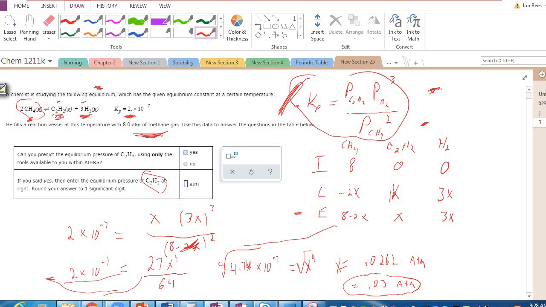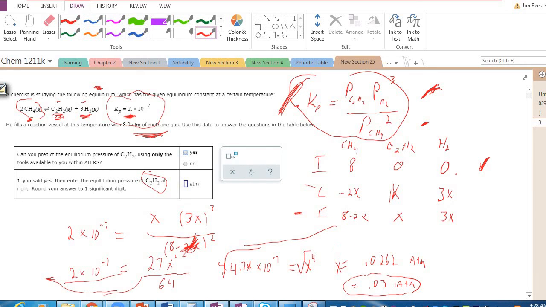Just to recap, I write an equilibrium equation and set up my ICE table properly. Because this value is so low, I can assume that I can ignore any addition or subtractions of the x's, which I did right here. Do the math, and I come out with 0.03 atmospheres.